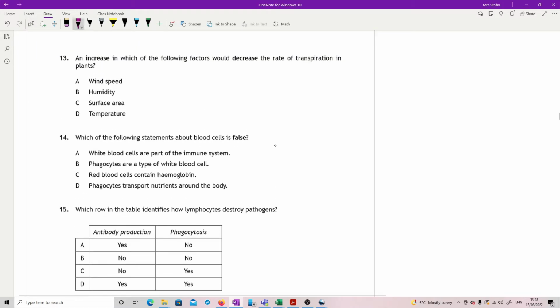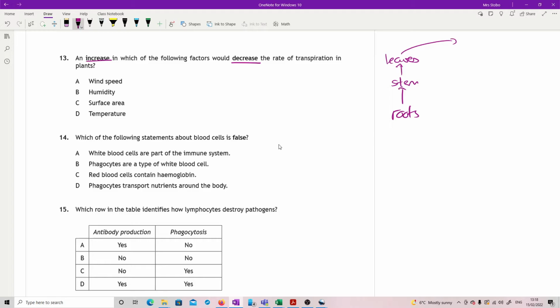Question 13, an increase in which of the following factors would decrease the rate of transpiration in plants? Okay, so transpiration is basically water coming in at the roots, going up through the stem, getting up to the leaves, and then leaving. So anything which will increase the rate that you get movement of water away from the leaves is going to increase transpiration rate. But we're looking for a decrease in transpiration rate with an increase in the factor.